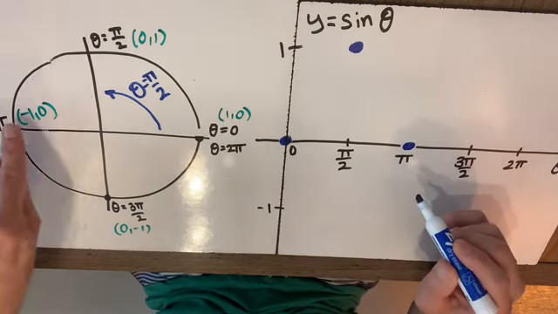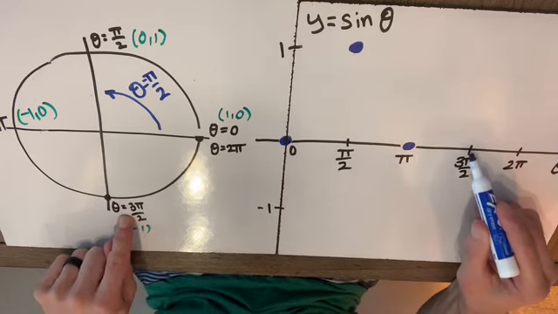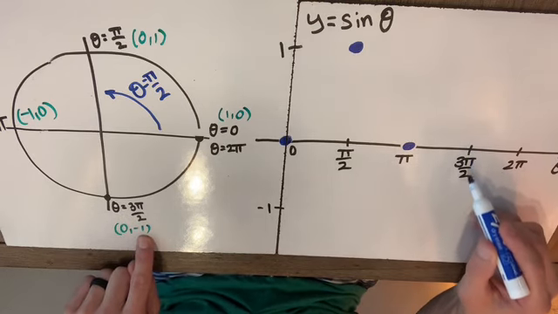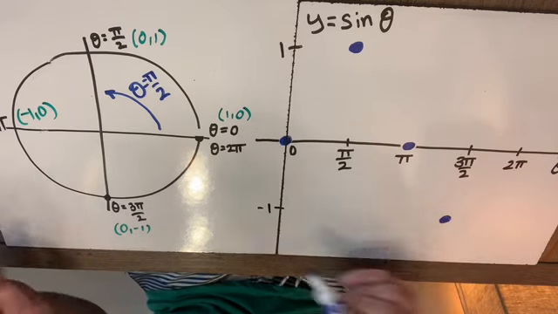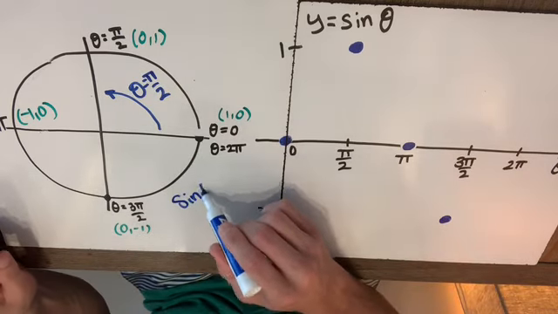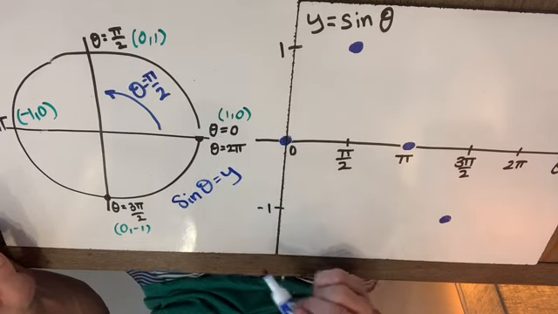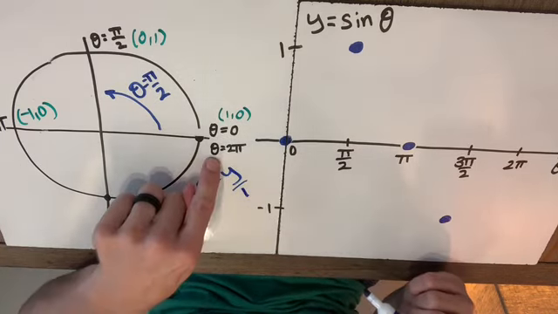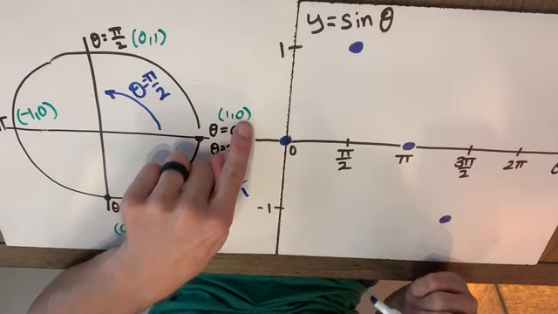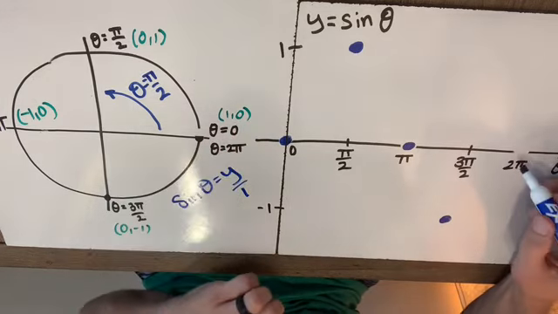When the angle opens all the way up to 3 pi over 2, our sine of 3 pi over 2 is negative 1. I'm following the y, because we know on a unit circle, sine of theta is the y over 1, but we just say y. And at 2 pi, our sine of 2 pi goes back to 0.